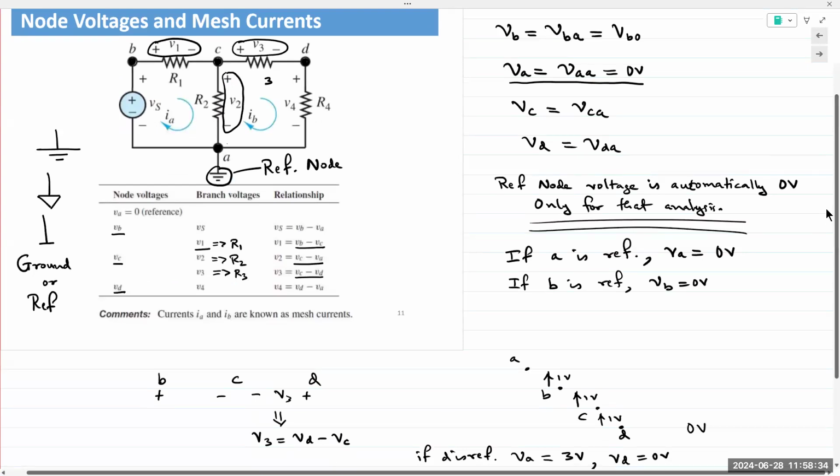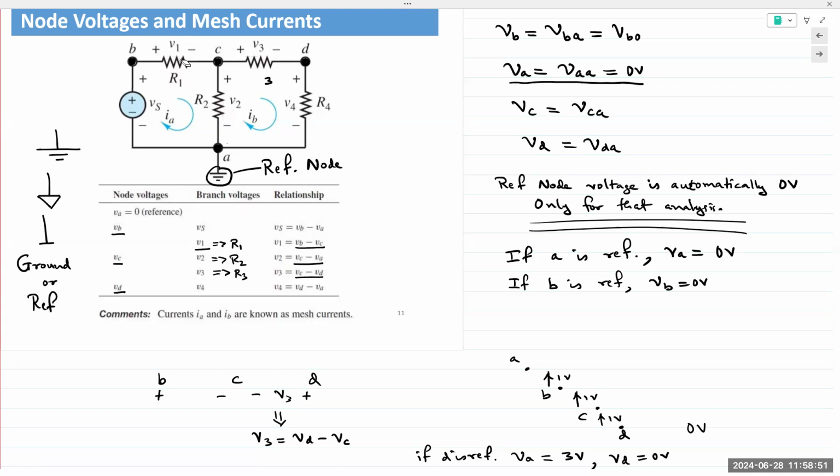So mesh currents, I stated that mesh currents are not real, they're hypothetical. They do not exist in real life. And mesh currents are rather straightforward, not as involved as node voltage analysis. Think back to the previous class. I stated a mesh is a simple loop that does not contain any other loops inside it.